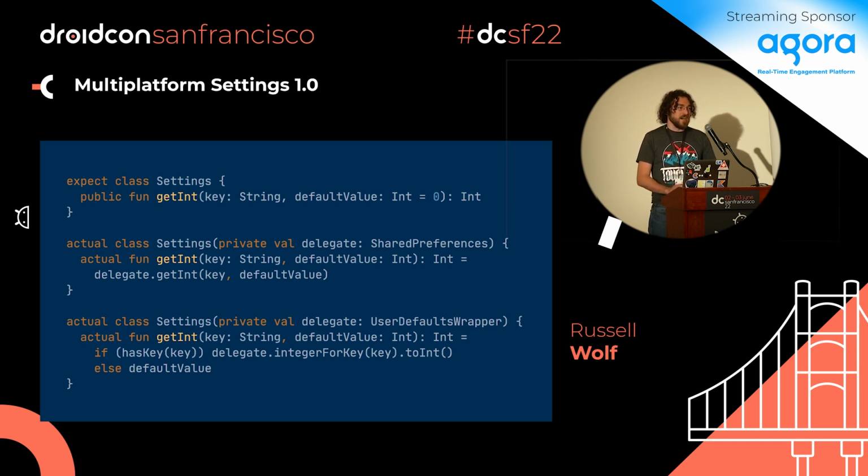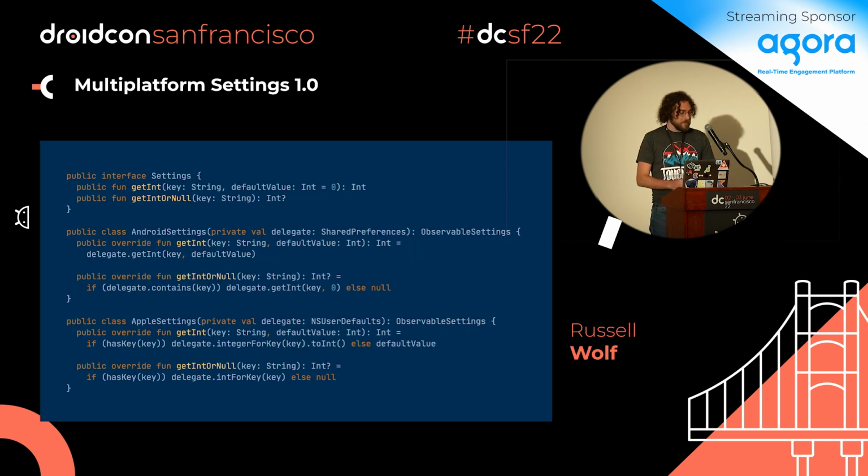So the way it looks now, and I'll show you on the next slide, is instead of having an expect class, there's an interface with different implementations, and that gives you some nice advantages. Here's what the API looks like as of yesterday. So there's a settings interface. It has not only the getter with a default value that was there in the original API, it also has a nullable equivalent.